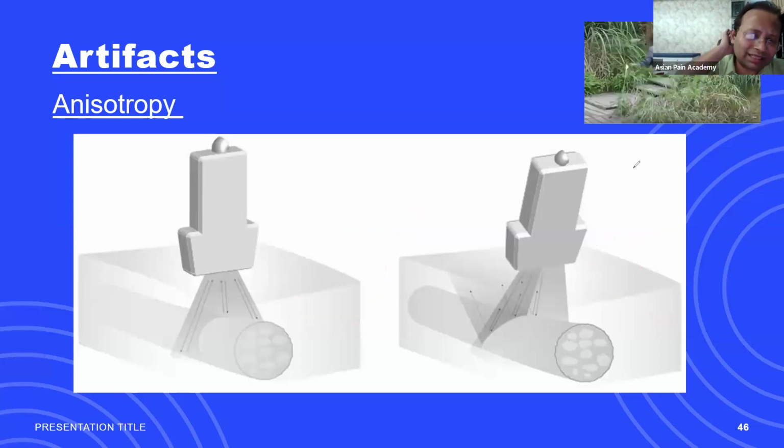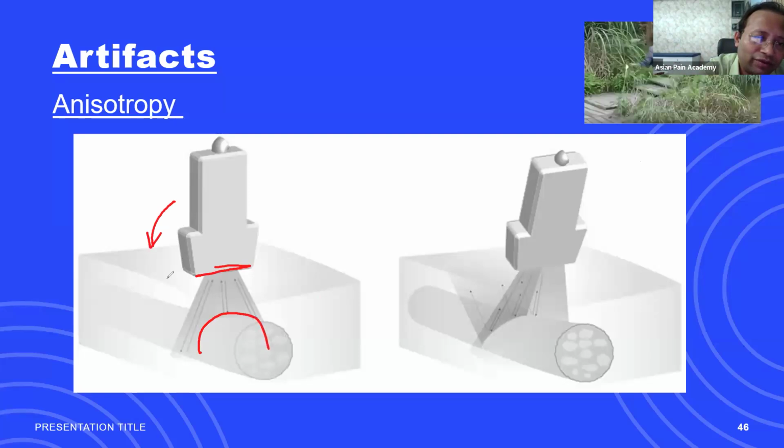So on the machine, then you will understand. Okay. So what can you do to overcome this problem? You understand, if I move my probe like this, say here this is the structure, and we are seeing from here.